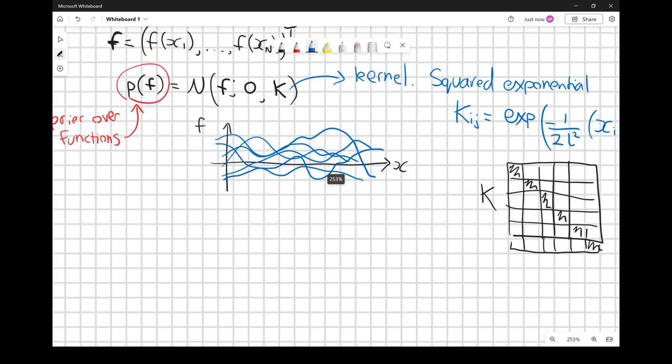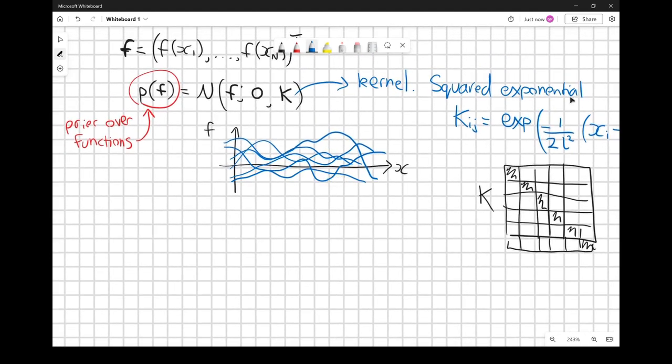And we dictate this smoothness using L. As I say, we'll discuss how we choose L a bit later. But if L was larger, then we're introducing more correlation between x values that are far apart, and so we end up producing smoother function values.